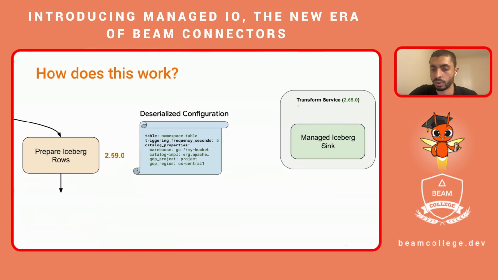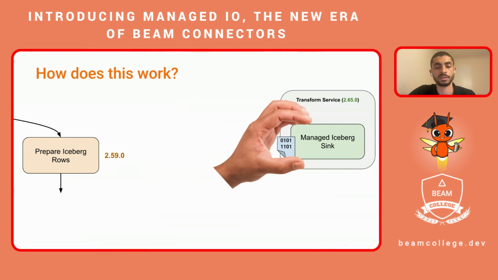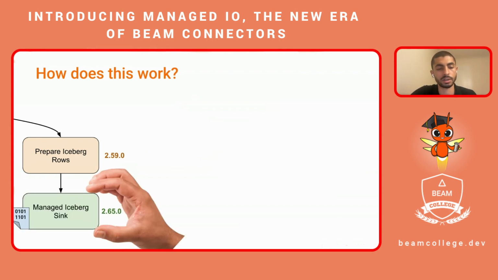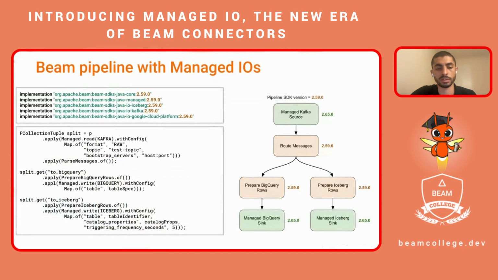And it has access to an upgraded service. This is a service that just stays up to date with the newest stable version of Beam. And it then uses this configuration to build the same IO in a newer version. And then it takes this IO, replaces it, and you end up with something that looks like this.